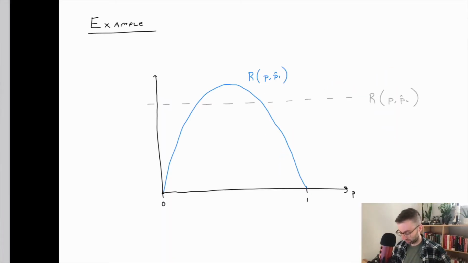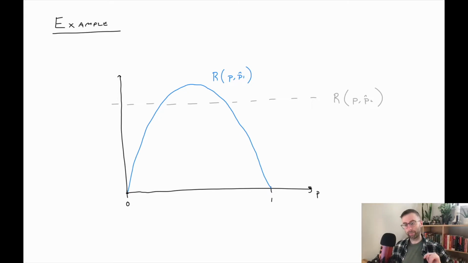So here is a plot. For different values of p, the second one is always the same, whereas for the first one, it's different depending on the value of p. We can see right away that the maximum risk is going to be here on this one and here on this one. So the maximum risk of the posterior mean is lower.